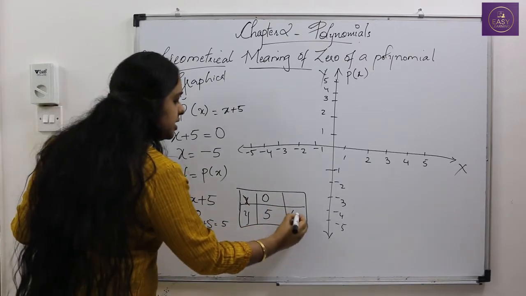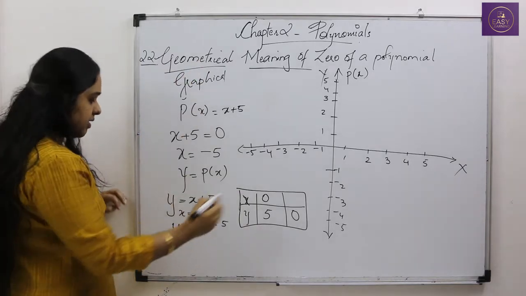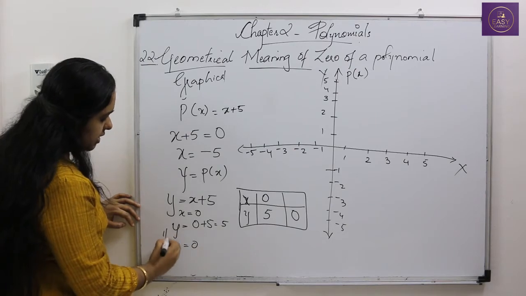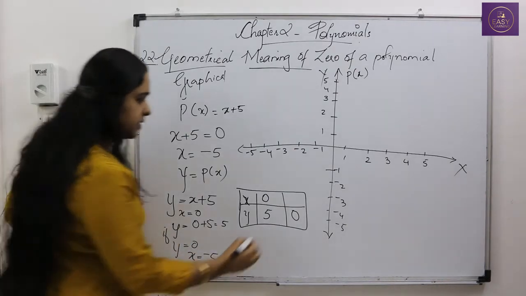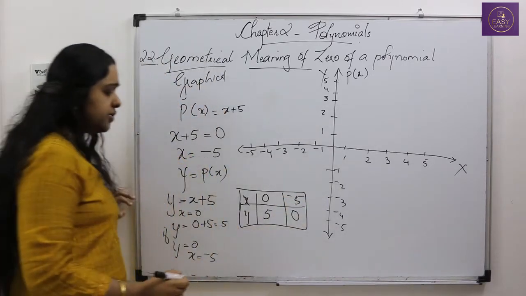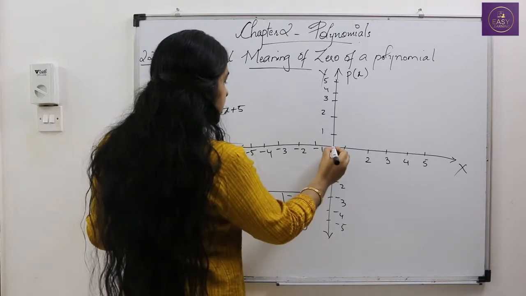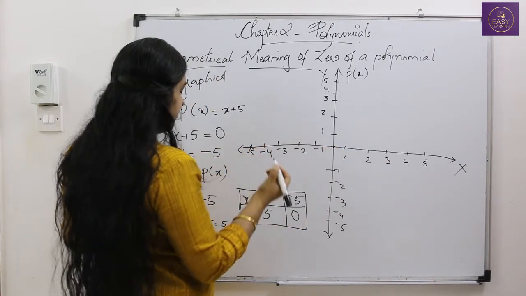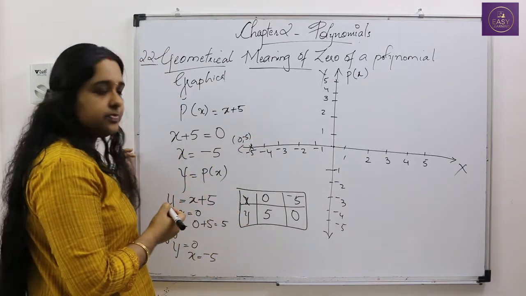We just need to get 2 points to plot the graph. When y equals 0, x equals minus 5. Isn't it? So we got the 2 points to plot the graph. First point is minus 5, 0.